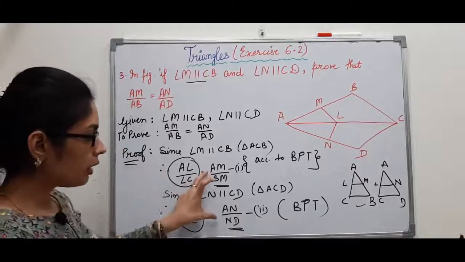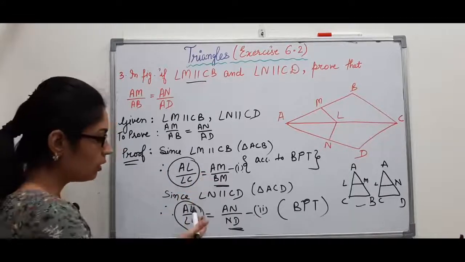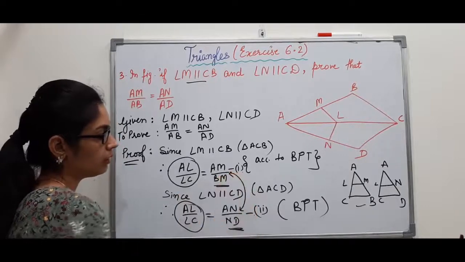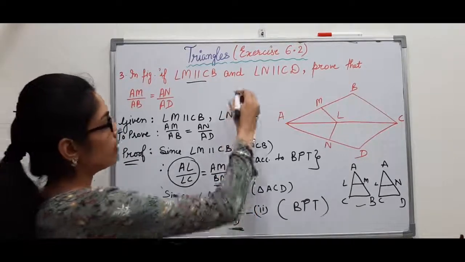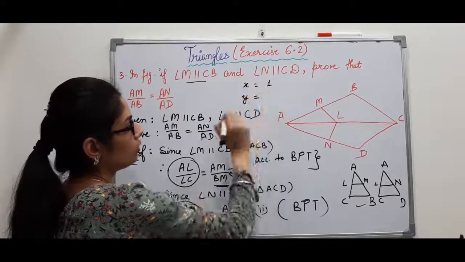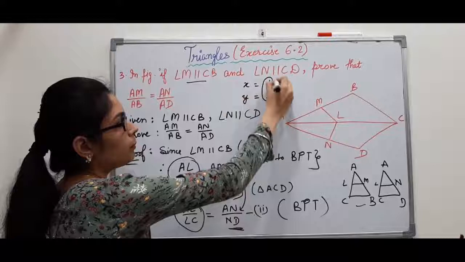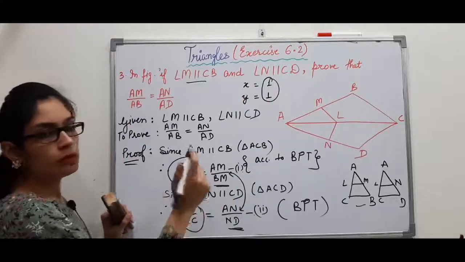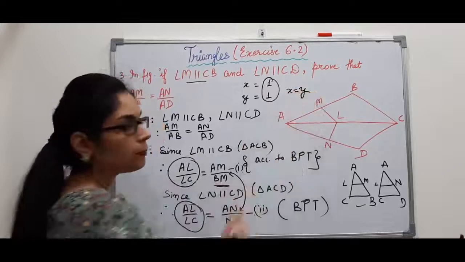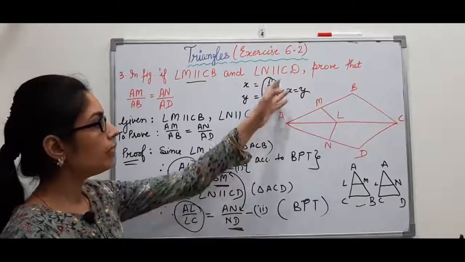If two terms are equal to a common term, then they are also equal to one another. For example, if I say x is equal to 1 and y is also equal to 1, 1 is the common term, which automatically means that x is equal to y, because both of them are equal to 1.